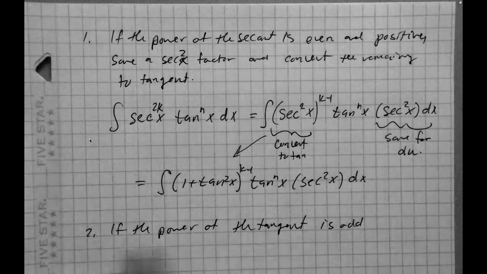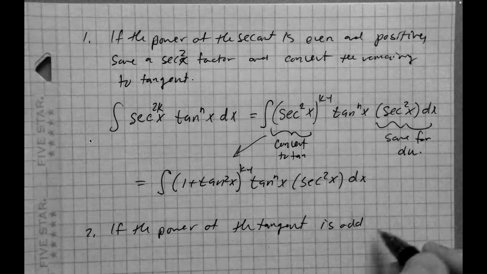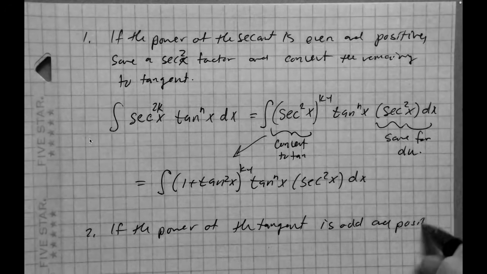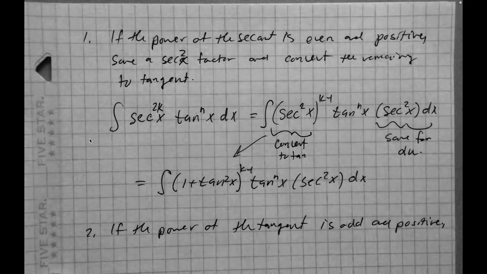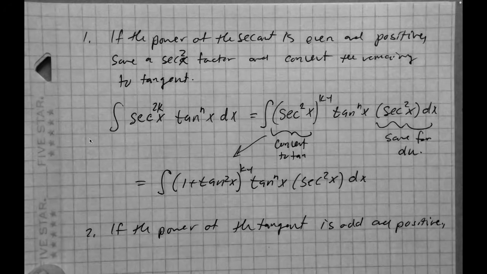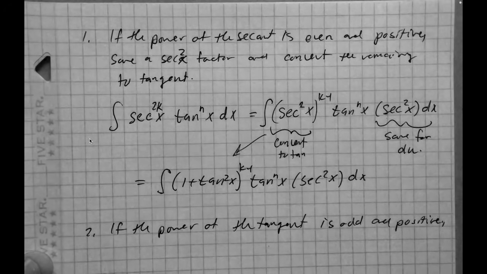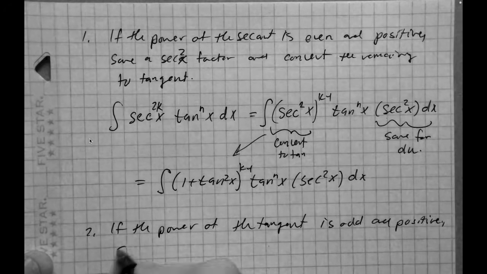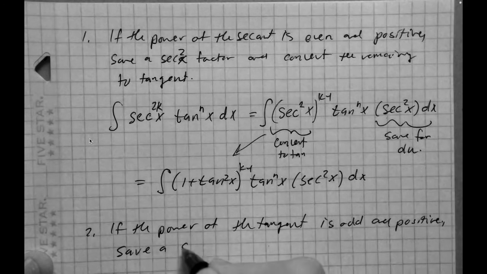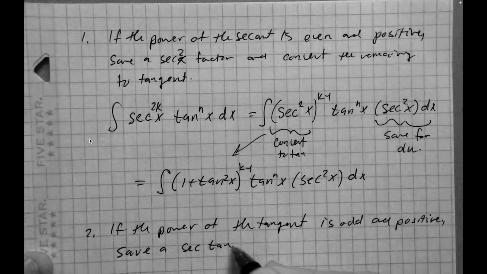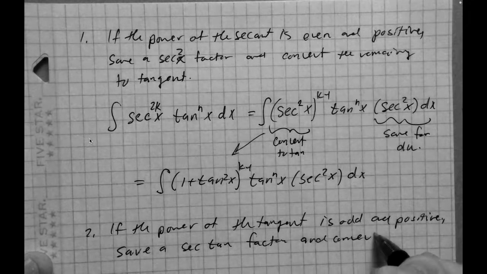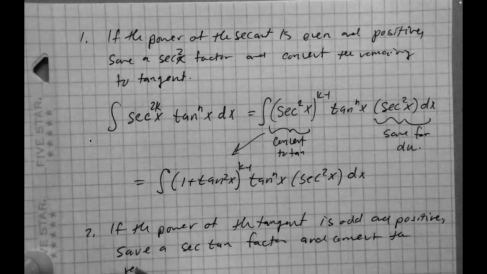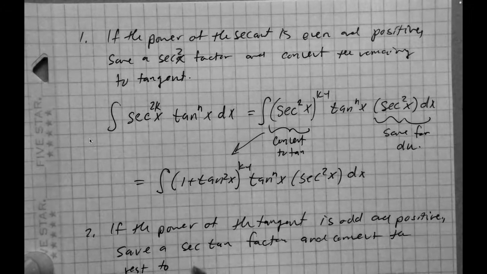In this second case, we'll be looking for the power of tangent to be odd and positive. In that case, we'll want to save a secant tangent factor and convert the rest to secant.